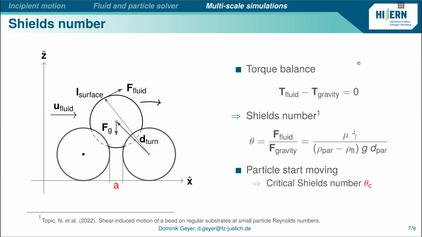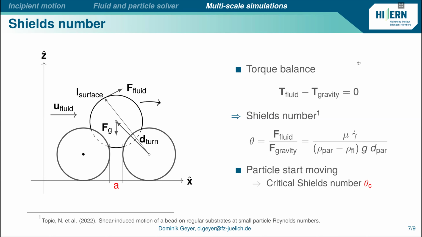What we will consider is the Shields number. The Shields number is derived from a torque balance. That means we have the torque from gravity on my resting particle, which acts in the y direction, and we have the torque from the fluid, which is applied on the surface.